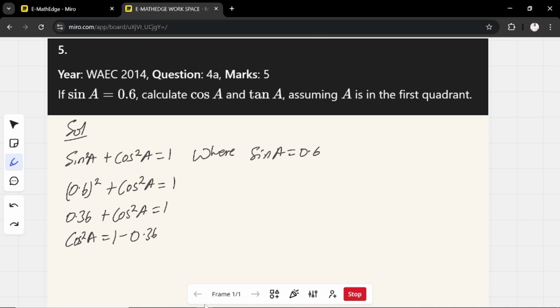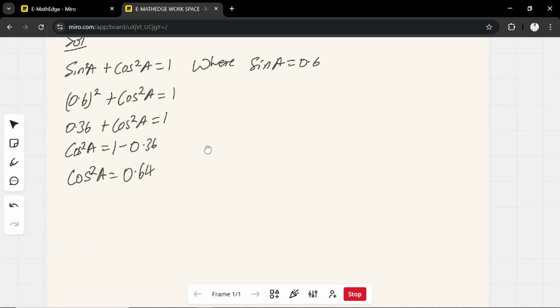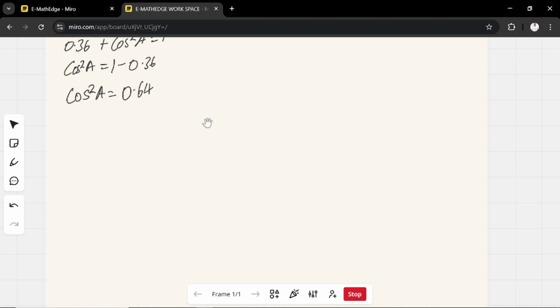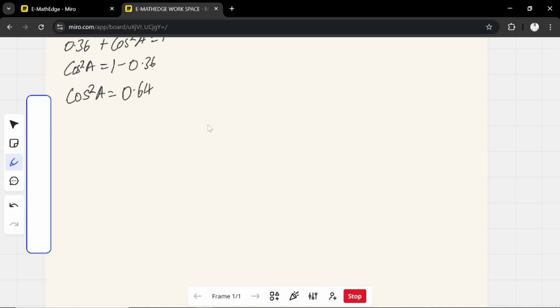So furthermore, we have cos squared A equal to 1 minus 0.36. 1 minus 0.36 is 0.64. But mind you, we are looking for cos A and not cos squared A. While we have cos squared A to be 0.64, we are looking for cos A. So we have to take the square root of both sides so that we can do away with this square.